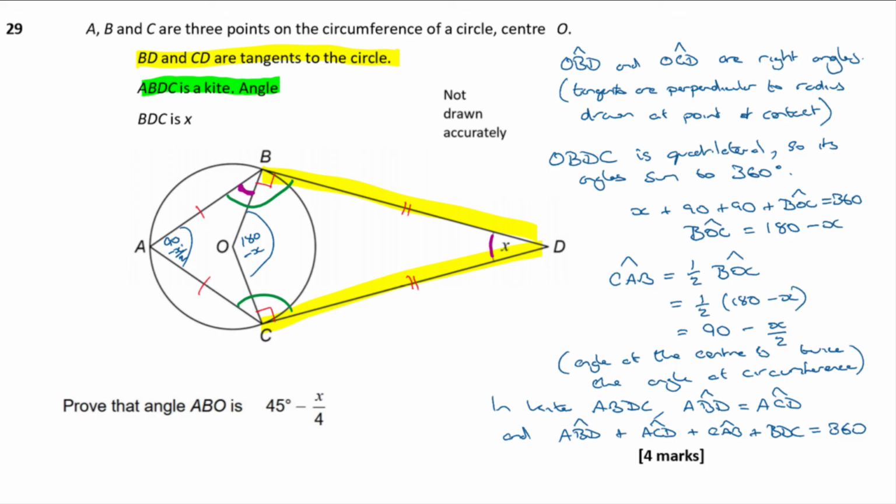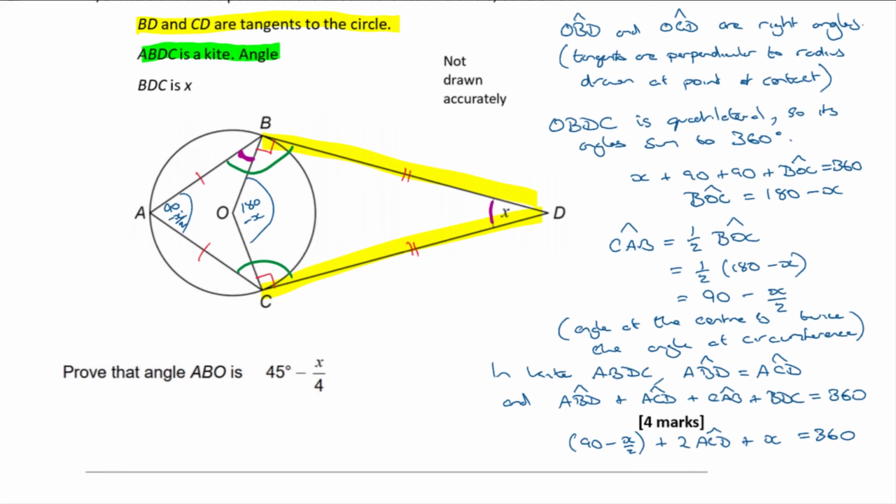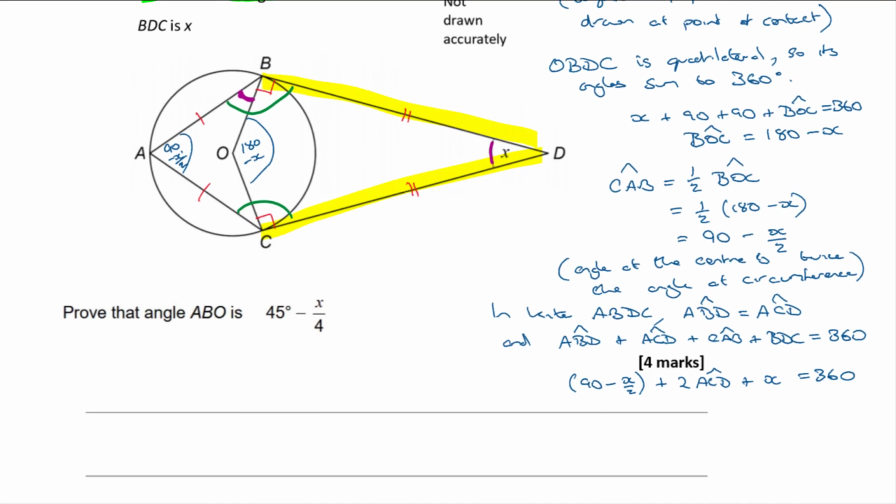So what do we know there? CAB we said was 90 minus X over 2. ACD is equal to ABD, so I'm going to just replace that as two lots of ACD, because they're both the same. And then BDC I know is X, and that's all equal to 360. Just going to scroll this up a little bit because I'm running out of space.